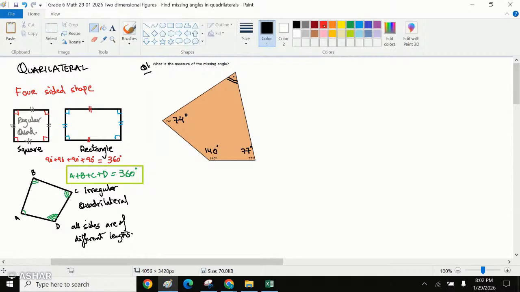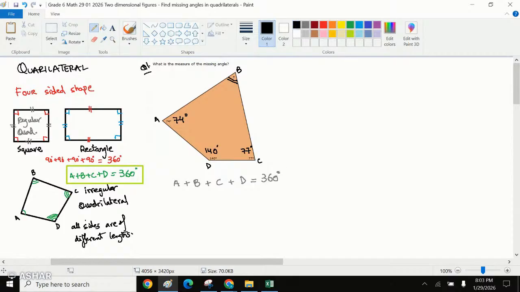I would recommend something. My recommendation is, let's label first. It's your choice. You can start from anywhere. Let's label A, B, C, and D, right? Now we know that we have the angle A, we have the angle D, and we have the angle C. And we need to find angle B. So better is to write the statement A plus B plus C plus D would always be equal to 360 degrees.